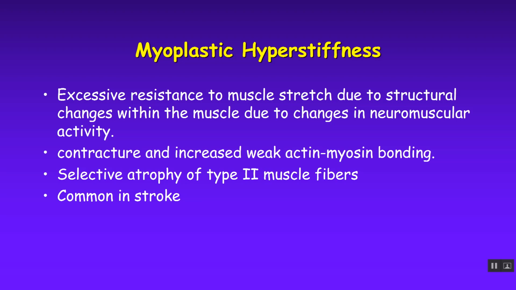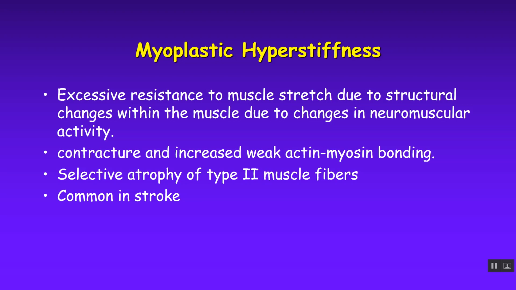You also get this component of myoplastic hyperstiffness. So this is where, when you're feeling a limb, if you move a limb, you might get that initial catch, especially if you move it fast. That's the reflex or the spasticity. Then you start feeling the resistance of the limb. And if the person's had a stroke for more than a few weeks, now you're encountering the myoplastic hyperstiffness, if you feel resistance through the rest of the range.